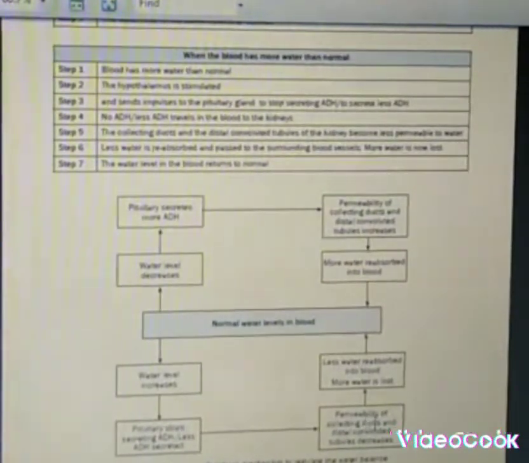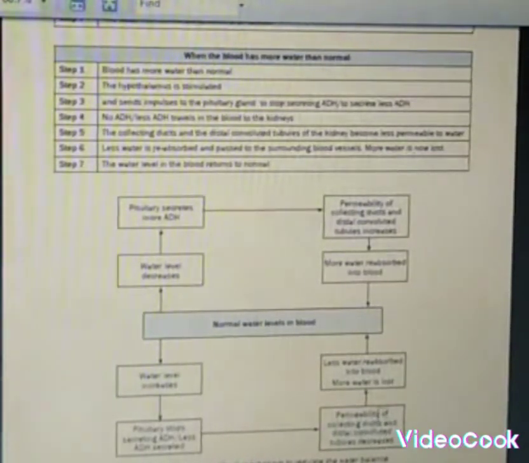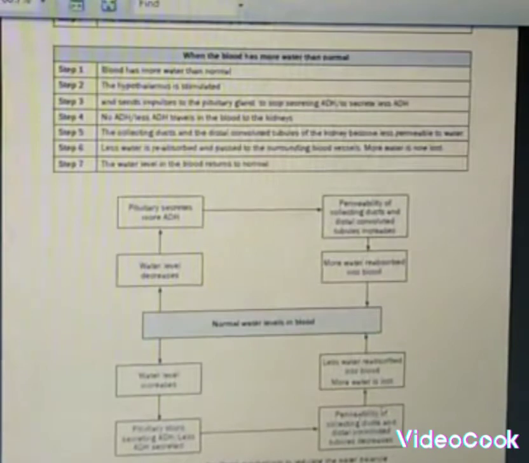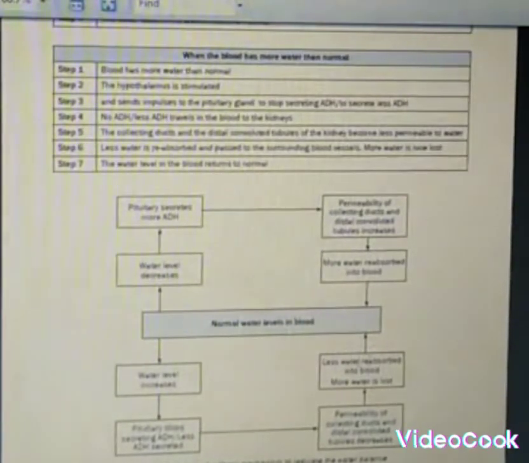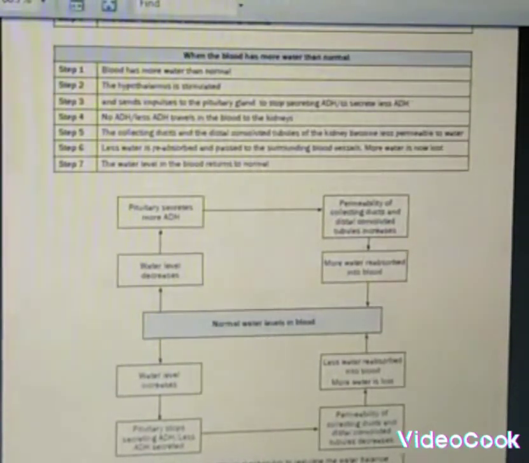And once that has happened, your collecting ducts and your DCTs are not going to be permeable to water, or their permeability decreases. So once less water is being reabsorbed, it means more water is going to be lost through urine. As we are losing more water, it's getting back to the normal levels that we desire, right?